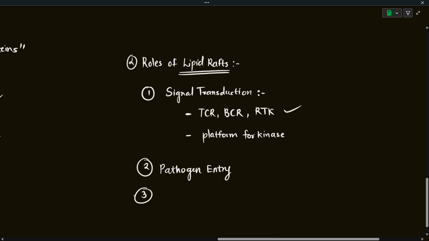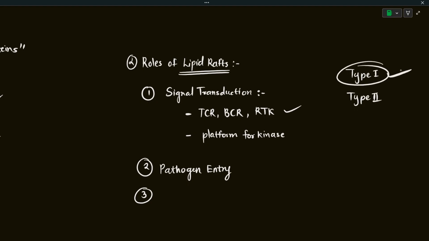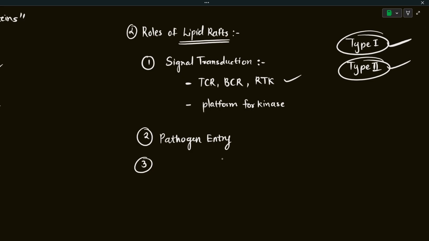As I said, there are caveolin and caveolin-like molecules in the lipid rafts. Due to them, there are different types of rafts: type 1 lipid raft and type 2 lipid raft. Type 1 lipid rafts have caveolins, while type 2 lipid rafts have flotillins. So due to the presence of different types of molecules, there are different types of lipid rafts. The lipid rafts that have caveolin mediate clathrin-independent endocytosis.